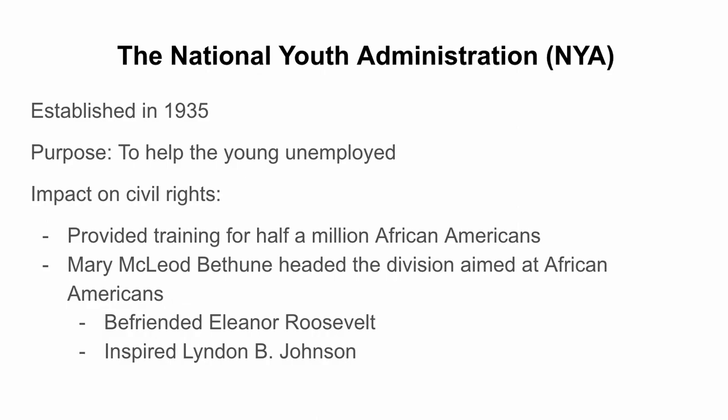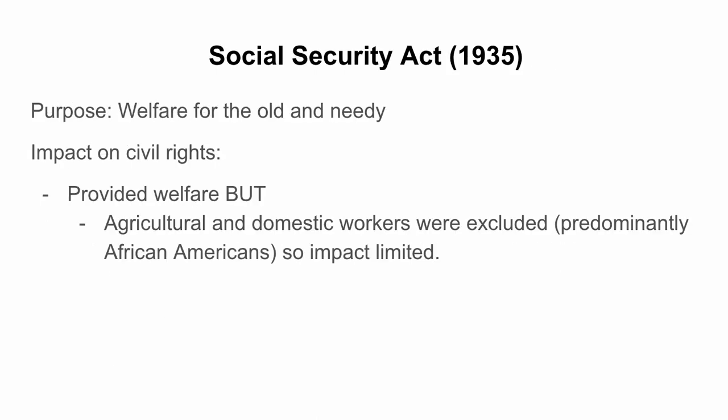And actually, Lyndon Johnson worked for the NYA, so we can see the longer term impact on Lyndon Johnson's ideology about government intervention. Of course, he passes the Civil Rights Act and the Voting Rights Act in the 60s. So the NYA, much more positive. Again, this is one that really does have a division aimed at African Americans, so arguably the most specific, targeted welfare for African Americans of all these alphabet agencies.